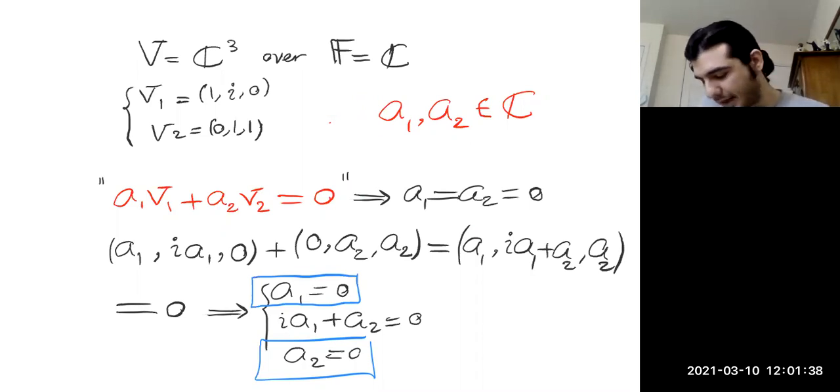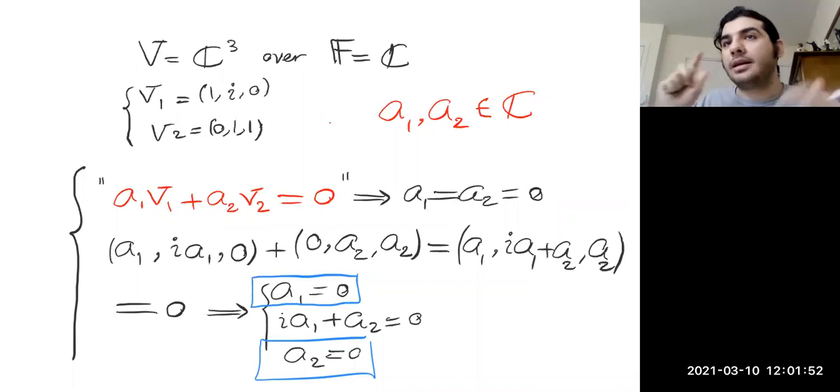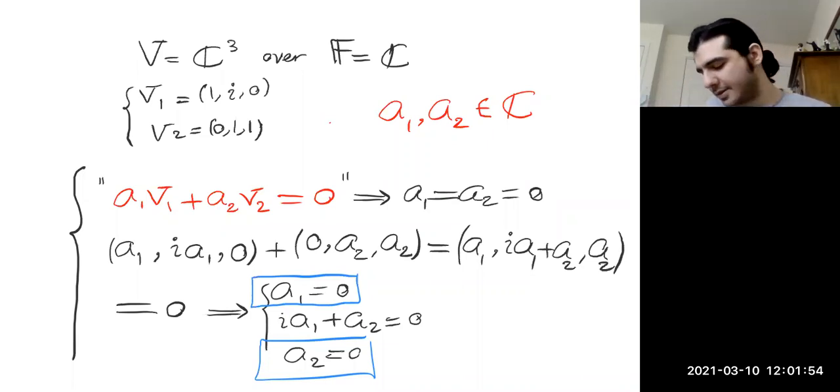So when I want to answer this question, the first thing is I should understand if these two vectors are linearly independent or not. This part tells me V1 and V2 are linearly independent. So that's the first thing I should write: V1 and V2 are linearly independent.